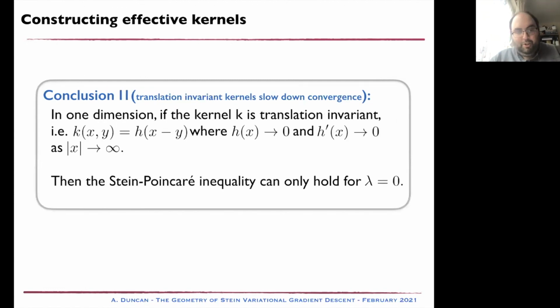The second conclusion is that if your kernel is translation invariant and you have some conditions on the tails of the translation invariant kernel, then the same condition also holds. And that's bad news. But it also suggests that if I can construct a kernel which breaks these two conditions, then I have some hope of getting something which is competitive.